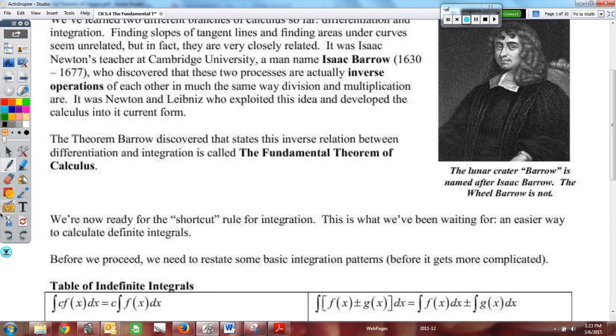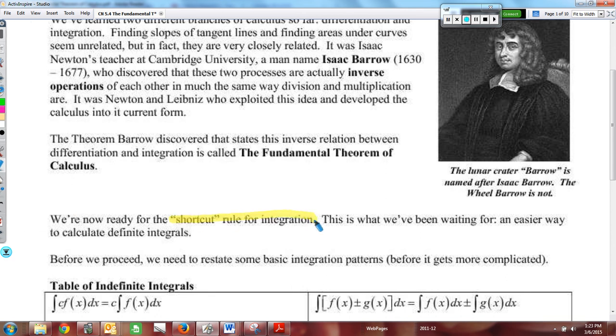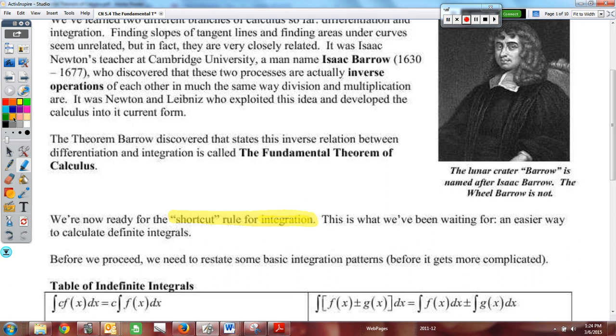So what we're really looking at in this section, this is our first foray into the shortcut rules. Now, prior to this, we've been saying that if you could do a definite integral and calculate it by looking at the geometry and using geometric formulas, then you would do that.